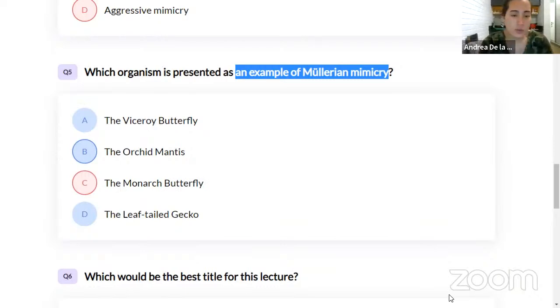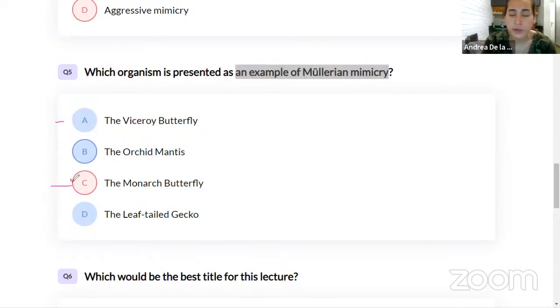Another thing, some of you guys were choosing A and C, right? Those were your choices. If you remember, both of them were together. The viceroy butterfly imitated the monarch butterfly. So if the butterflies were used as an example of Mullerian mimicry, then both of them could be correct. So how do you know that it's A and not C, or C and not A, right?